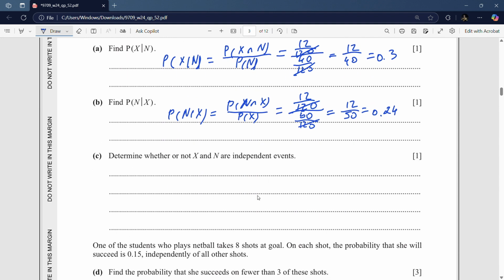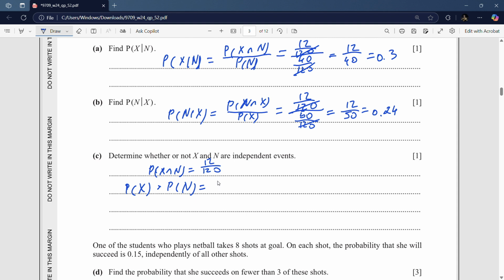Determine whether or not x and n are independent events. To find that, we should find their intersection, which was 12 over 120, and then compare it with the product of the probabilities of each event, probability of x multiplied by probability of n.